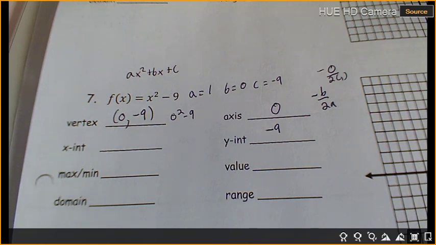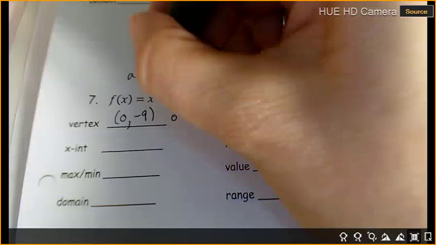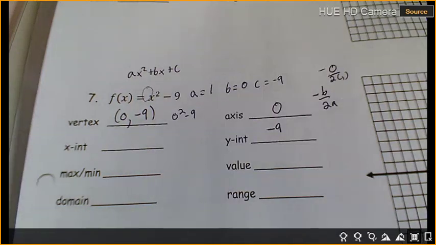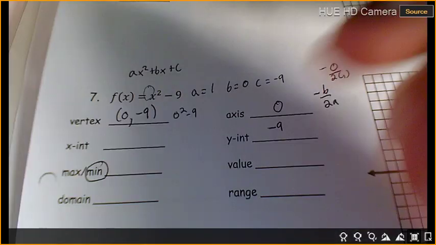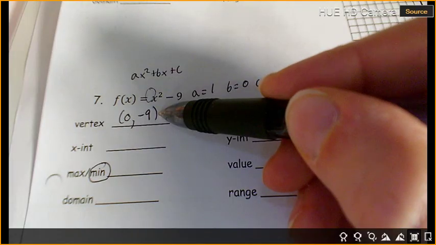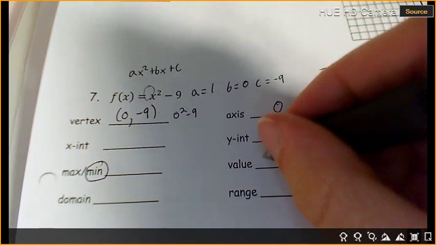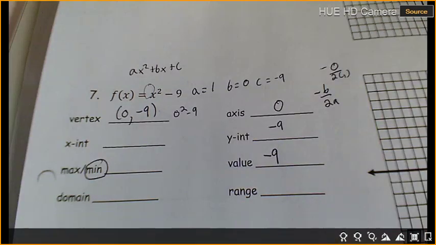You'll come up with -9. Is this a maximum or a minimum? Look at the A value. Is it positive? If it's positive, it is a minimum. Good. And the minimum is always the y value of your vertex. So -9 is my minimum. That's as far down as I can go.